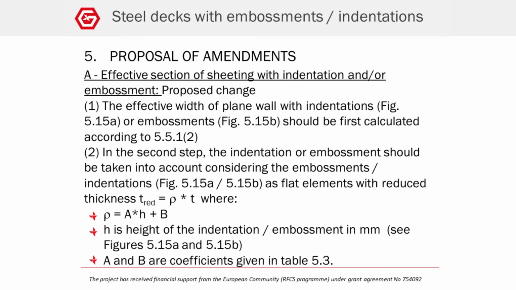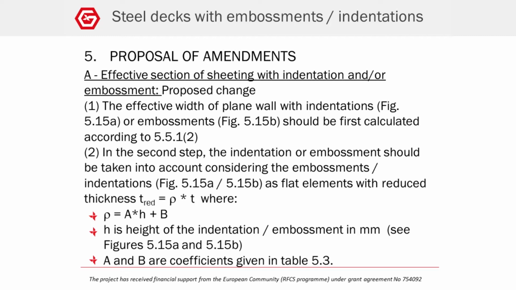The first proposal deals with the effective section of sheeting with indentations and embossments. It specifies that the effective width of a plane wall with embossments and indentations should first be calculated according to the current Eurocode.